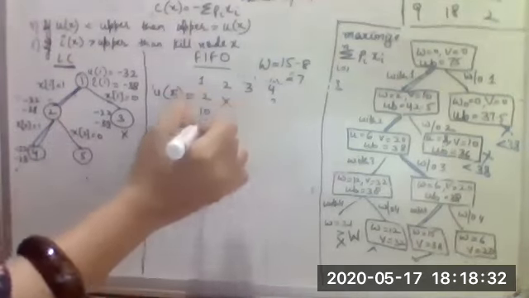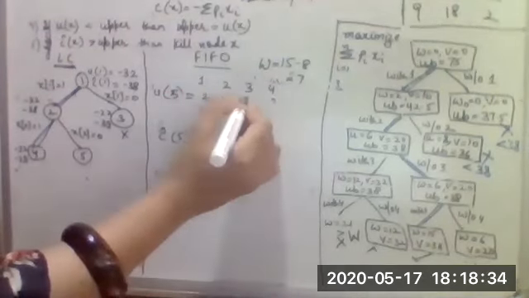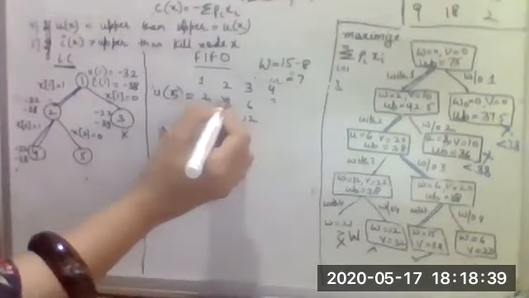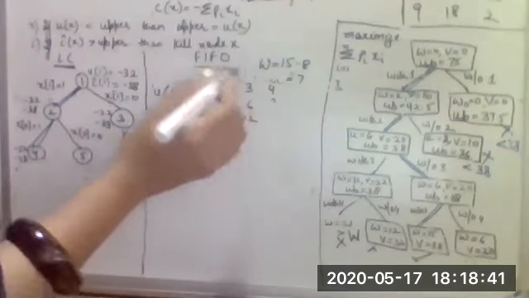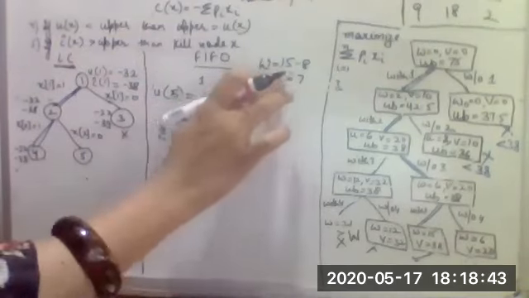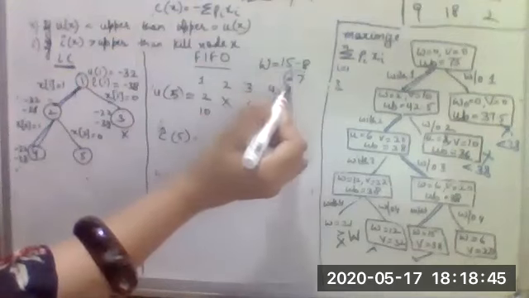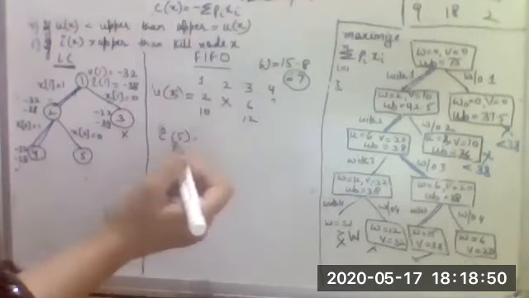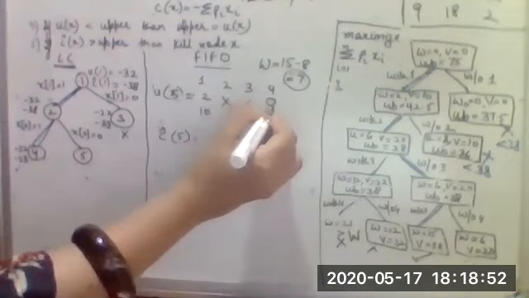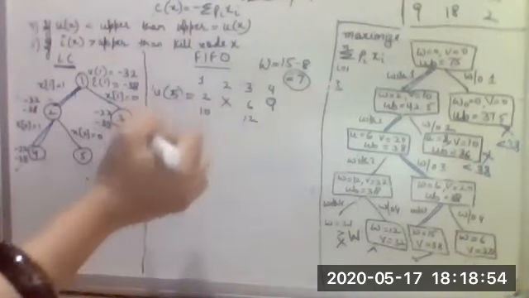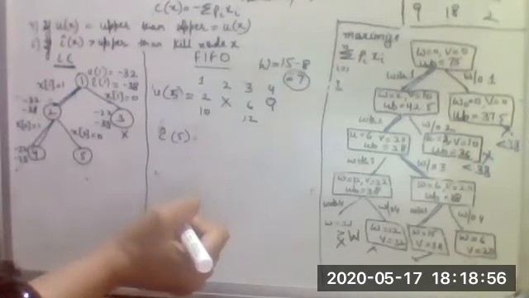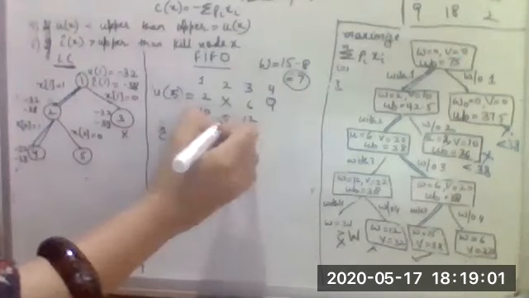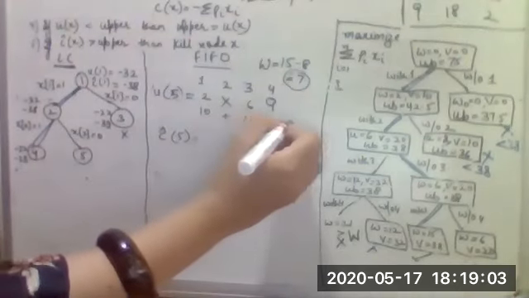Second is not included, third has weight 6 and profit 12. So right now we have added 2 plus 6, 8, into the knapsack. So we are left with 7 units to be packed into the knapsack. Now the fourth element has the weight value of 9, so we cannot include the last element completely into the knapsack. So the U cap value will be equal to minus 22.